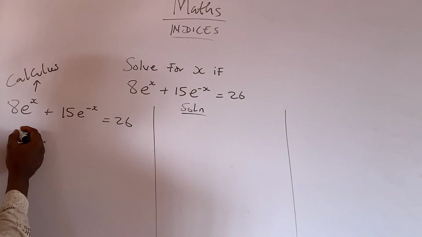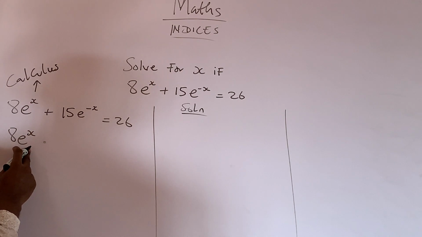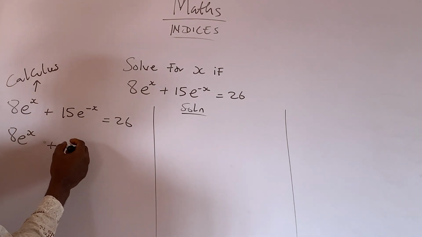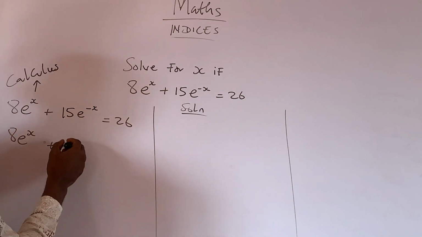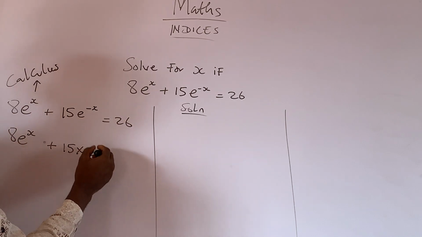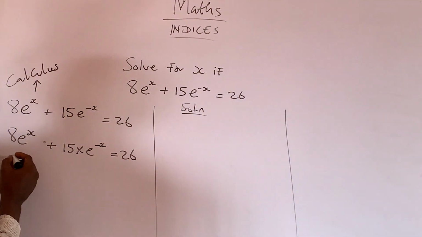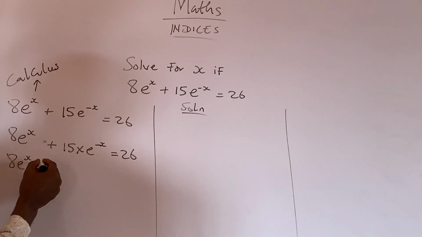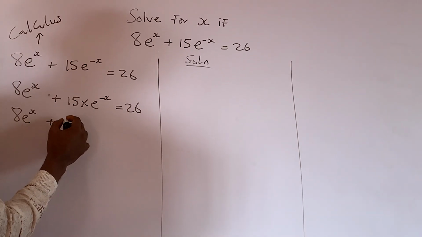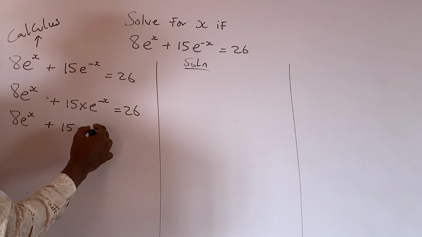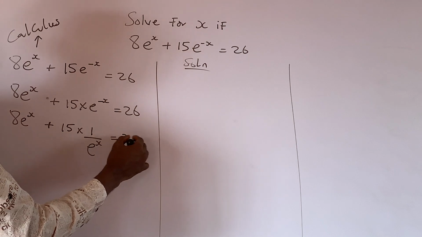What do we do? First of all, 8 exponential plus, what does this thing mean? 15 times e raised power minus x. Of course, you know it's not e, like I said. Then 8 exponential x plus 15 times 1 over this equals 26.